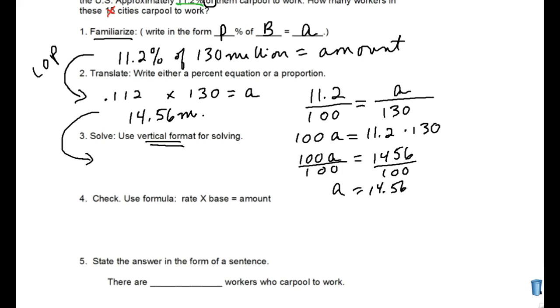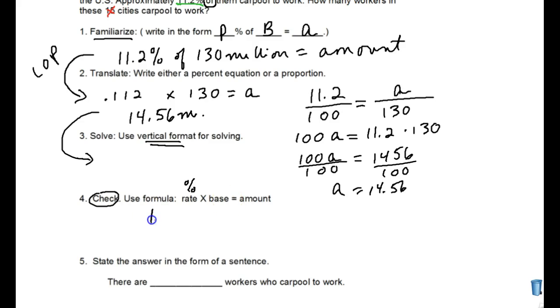So the equation method can be very short. Sometimes people have trouble remembering the whole percent to decimal and decimal to percent thing. The proportion way, you write your proportion and do the cross products equation. You can check your work by using the formula rate, which is the percent, times the base always equals the amount. Well, that's kind of what our equation was, wasn't it?